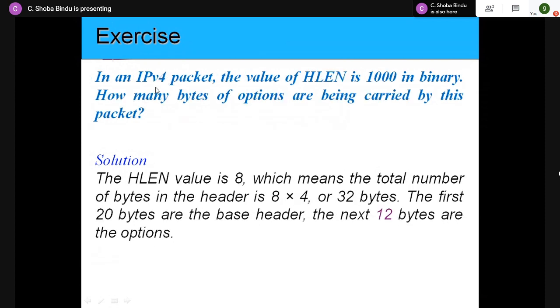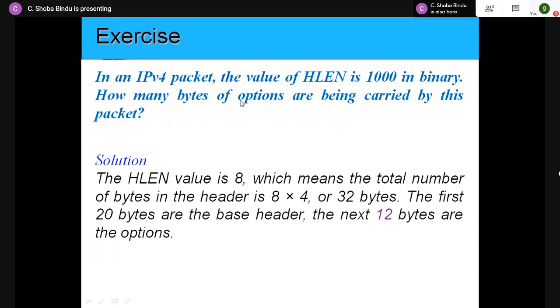The next question: in an IP version 4 packet, the value of header length is 1000 in binary. When you convert this into decimal, what do you get? 2 power 0, 2 power 1, 2 power 2, 2 power 3. 2 power 3 is 8, 8 into 1 is 8. So the value of the header length is 8. That implies 8 into 4, 32 bytes, is the length of the header.